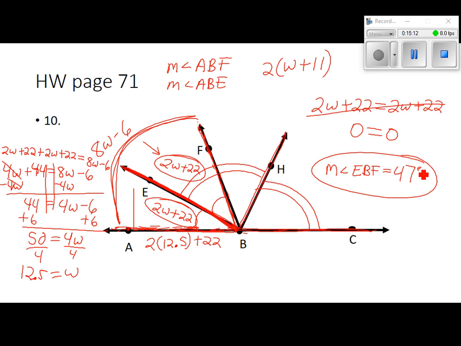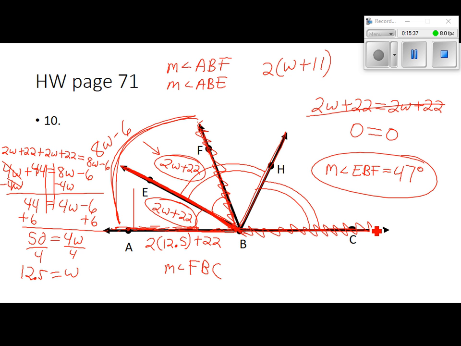What's this other angle, angle ABE? 47. How would we find the whole thing, angle ABF here? Add 47 and 47. How could you find this angle, the measure of angle FBC? I'm sort of scribbling it.